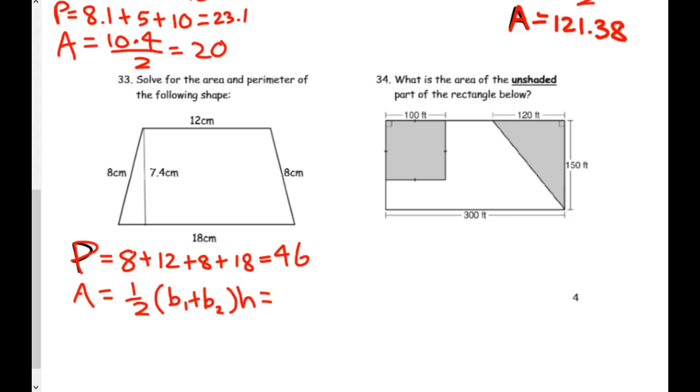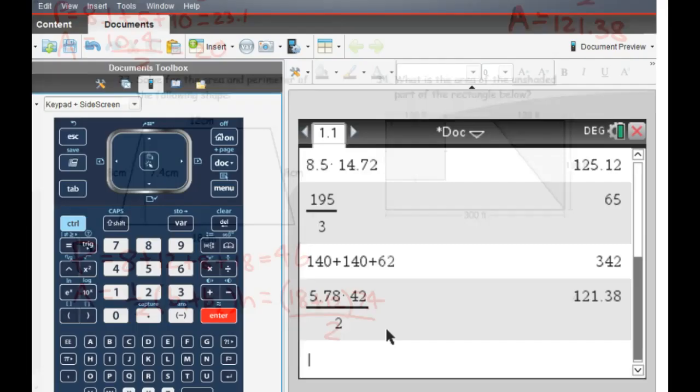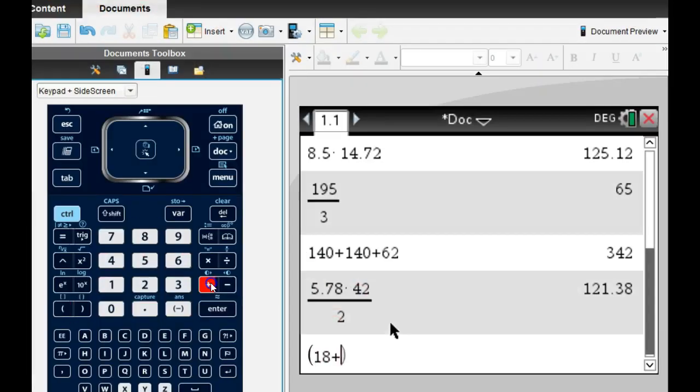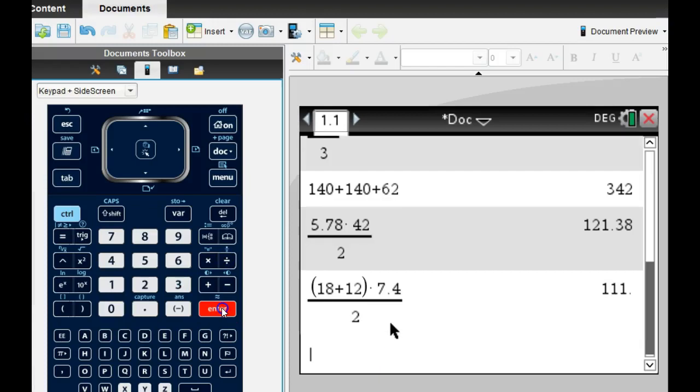So it equals base 1 plus base 2, 18 plus 12, times the height, 7.4, divided by 2. 111.